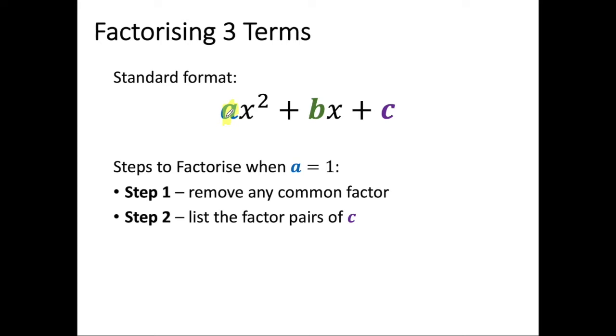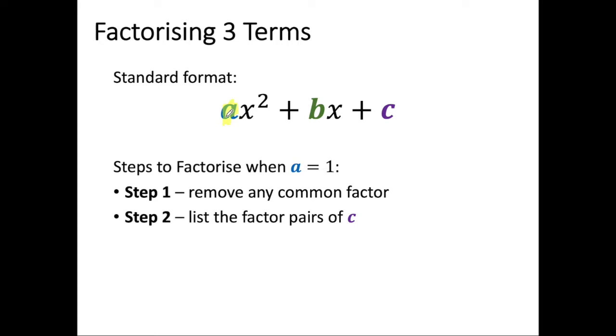To get a minus number, the combination when we're multiplying has to be a positive and a negative. So if it was minus 2, the factor pairs for negative 2 are going to be negative 2 times 1 and 1 times negative 2. But we'll have a look at that in a little bit more detail when we go through some examples.